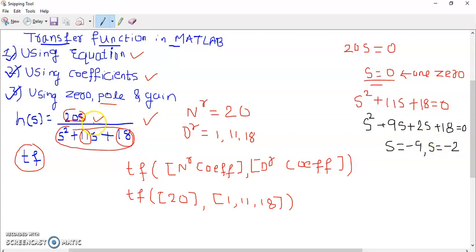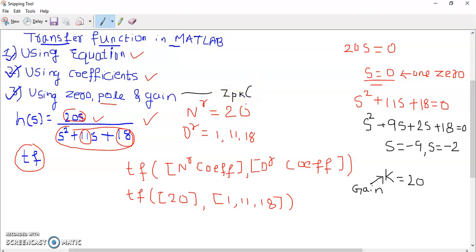Now the value of the gain K is equal to 20. Gain is denoted by K. This is the gain of the transfer function. In the third method, you need to use the command zpk. That means you first write the zeros of the transfer function, then the poles, then the gain.